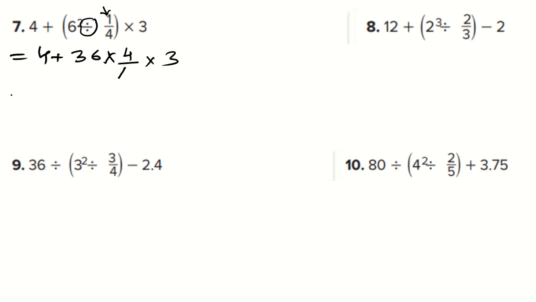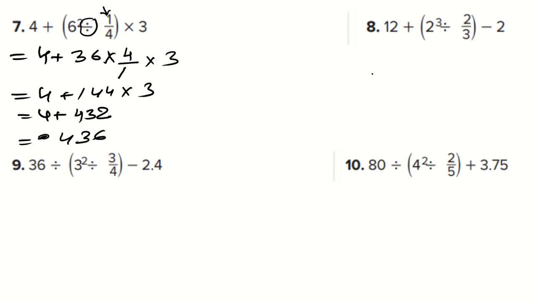Multiply 3. That is 4 plus 36 multiply 4, 144 multiply 3, means 4 plus 3 4s are 12, 3 4s are 12, 1 and 1, 3 1s are 3 and 1, 4. Okay. Now 4 plus 432 is 436. This is the answer.